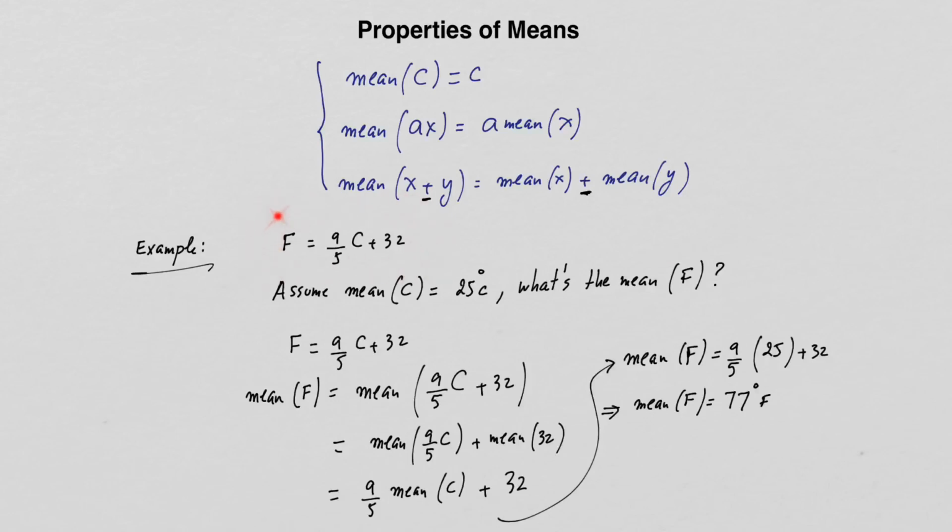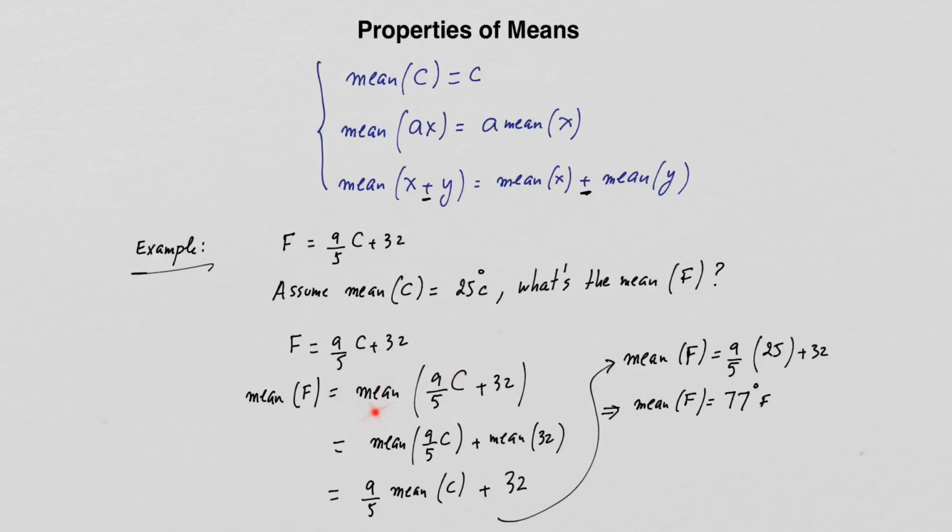Okay? So what you do is you begin with the formula. You always begin with the formula. And you introduce the function, in this case, the mean. Introduce the function on both sides, just like you did log of f equals log of that, or this squared equals that squared, or square root of that is square root of that. We are introducing this function this time. I am interested in the mean of F. That's what I'm interested in. But I know the mean of C. Do not say, oh, I know this, the mean of C is 25.